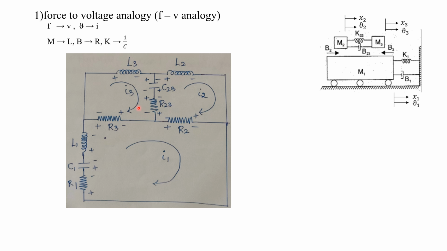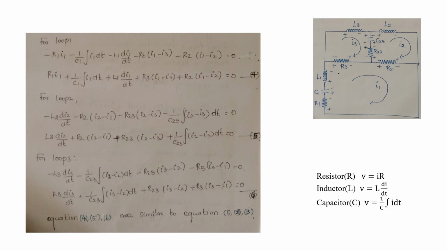Here we have a common branch between loop 1 and loop 3 and also between loop 1 as well as loop 2. Then only the corresponding common elements can be represented in those branches. So that's a very, very important point. After drawing this diagram, we are going to apply Kirchhoff's voltage law for loop 1. This is the same diagram that I have shown in the previous slide.